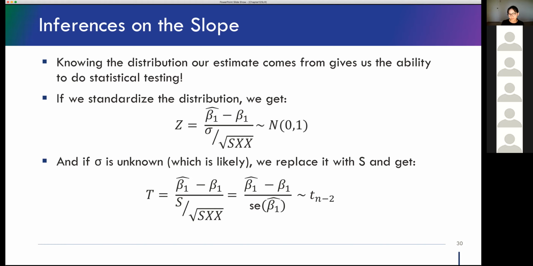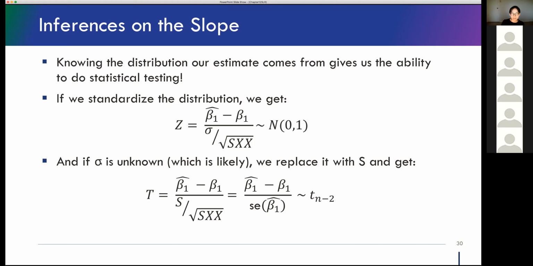So the null hypothesis H0 is beta 1 equals 0, and our alternative hypothesis is beta 1 not equal to 0. And now we do the test statistic.